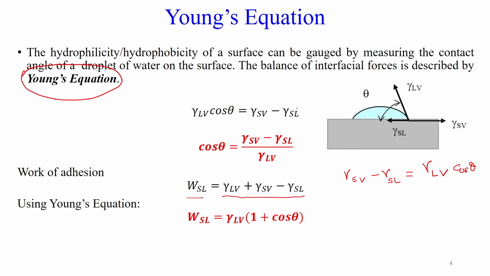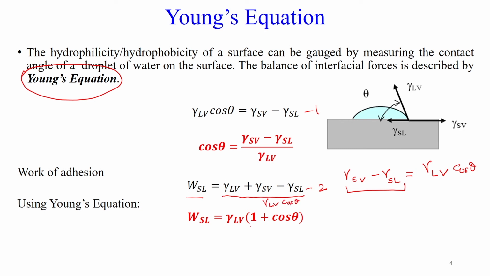If you equate these two expressions, we can write the work of adhesion equal to gamma LV, and in place of gamma SV minus gamma SL we can write gamma LV cos theta.